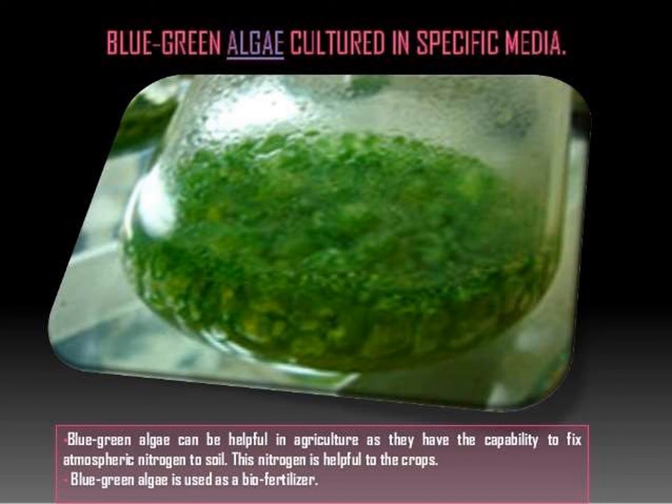NPK are the major nutrients required by plants, and one of them is N, nitrogen, which is fixed from the atmosphere by these cyanobacteria. So these cyanobacteria can be used as a biofertilizer in the agricultural field.